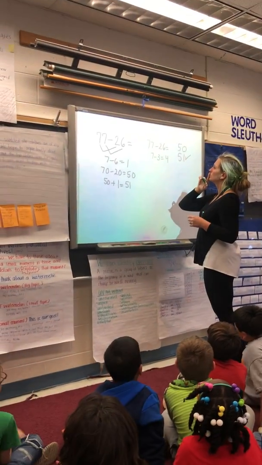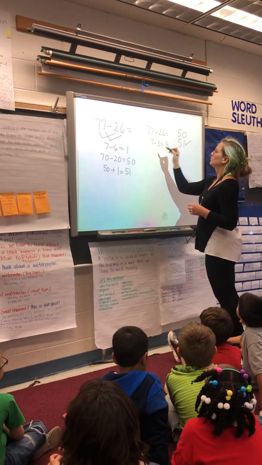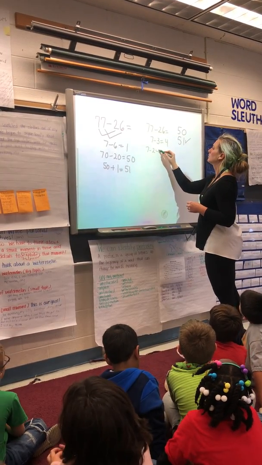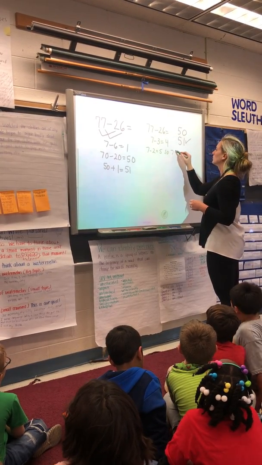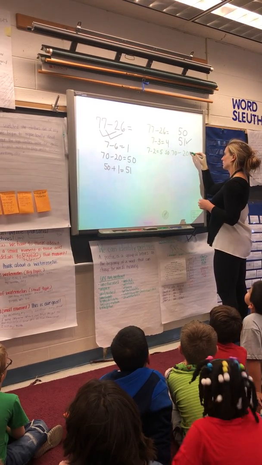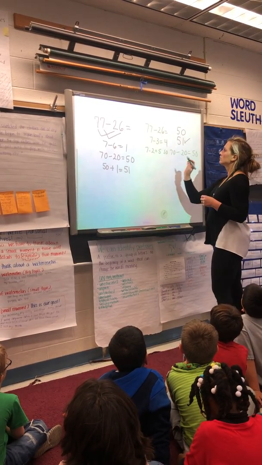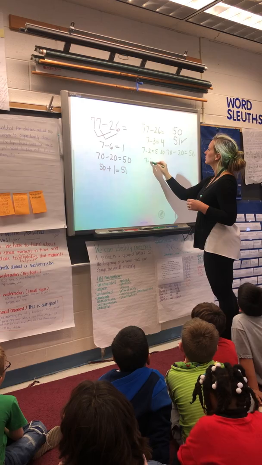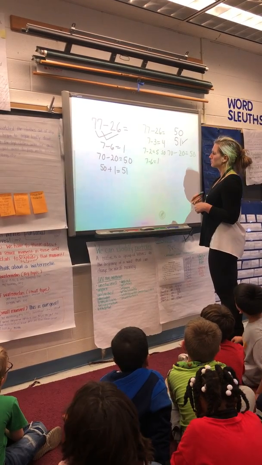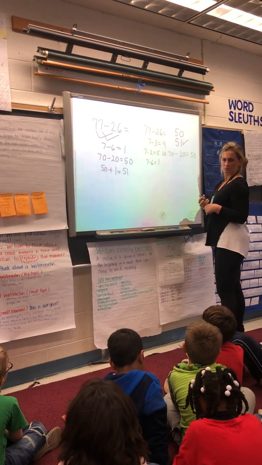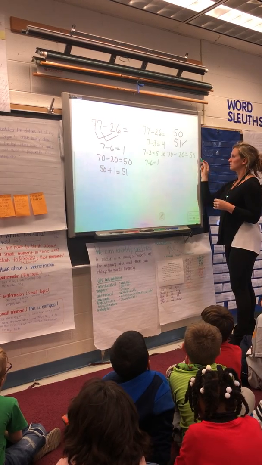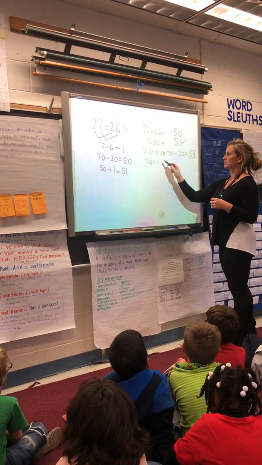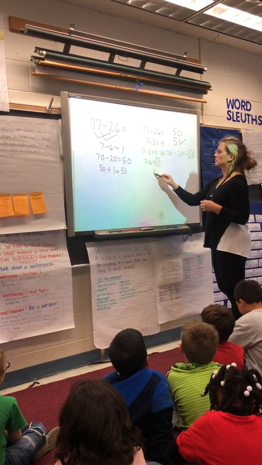So I know 70 take away 20 would equal 50, and then I did 7 minus 6, and that equals 1. I put the answers, 50 and 1, together, and I got 51.